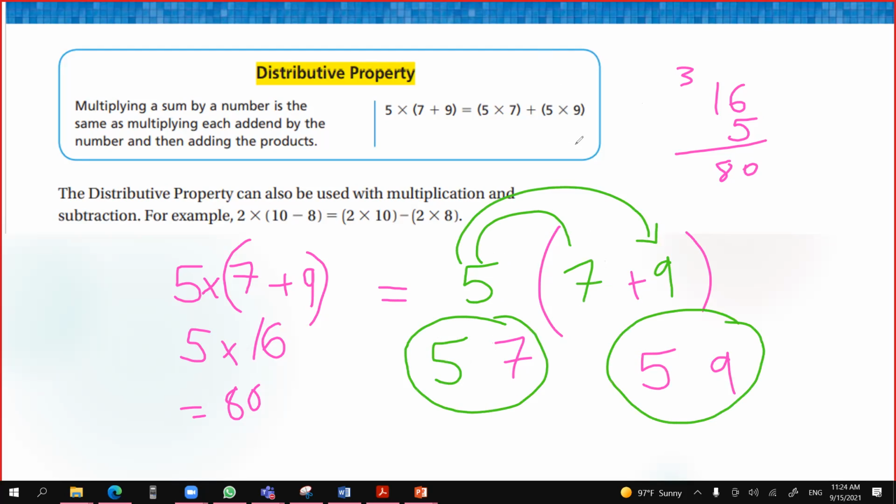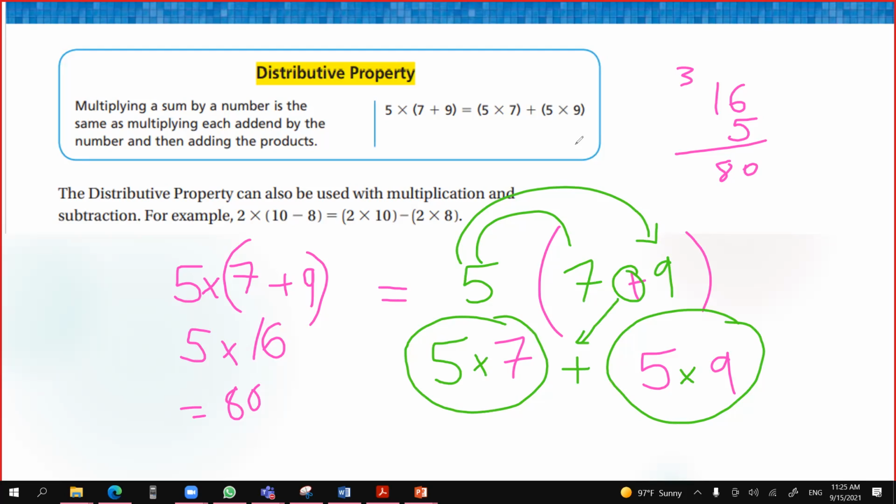Then 5 multiplied by 7. So I will put a multiplication sign here. And 5 multiplied with 9, I will put a multiplication sign here. And between them, you have to put the plus sign. Got it now? When you solve more examples, you will understand.